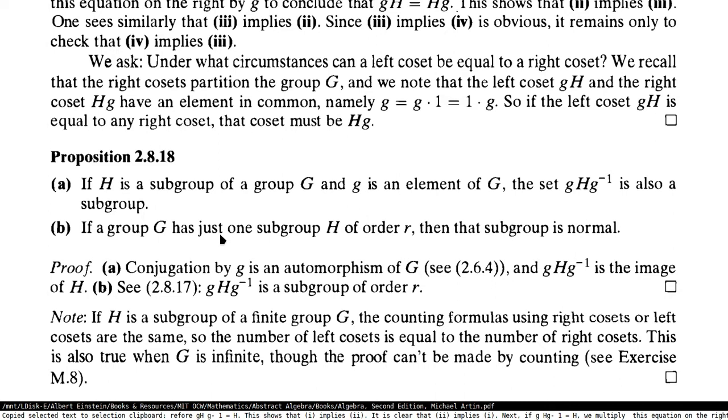Okay, then I probably have messed up the definitions. Let me see what Artin does. Yeah, so automorphism is a bijective endomorphism.